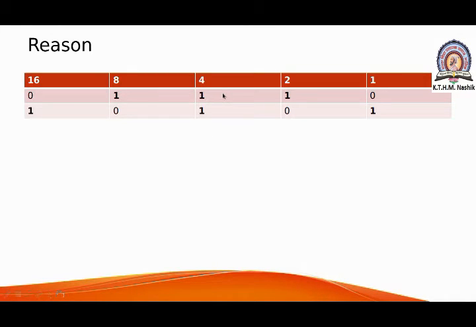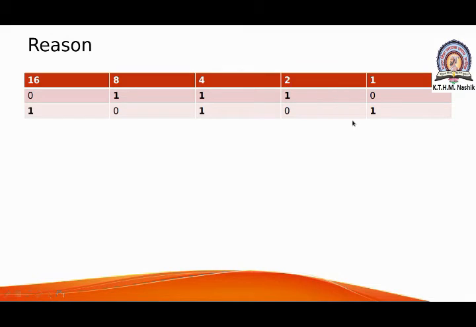But at the 4th place, both numbers have the 1, so we will consider only one. Then again here in 2, for the number 14 it is 1, and for 21 it is 0. And in case of 1, for 14 it is 0, and for 21 it is 1.